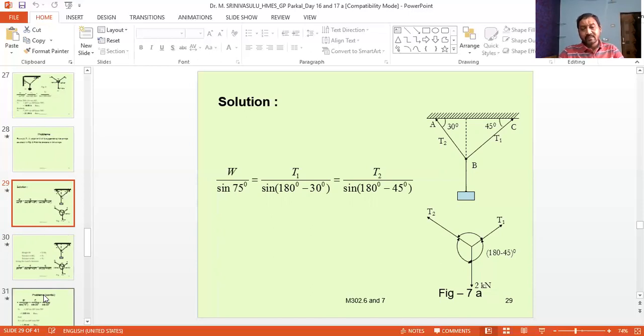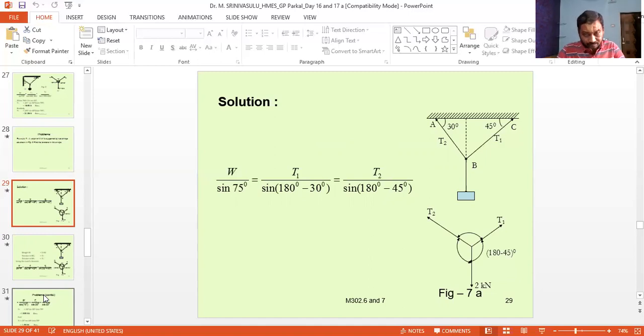Here the angles made by the strings are given: the string BC is making an angle of 45 degrees with the horizontal, and the string AB is making an angle of 30 degrees with the horizontal, that is, with the ceiling; we can say it is a horizontal line.